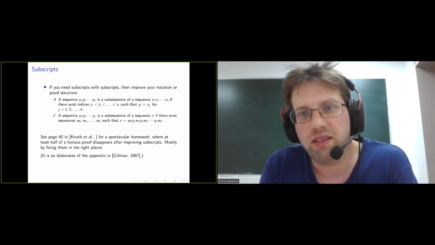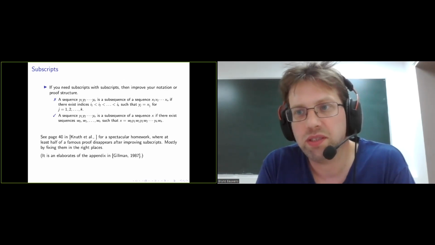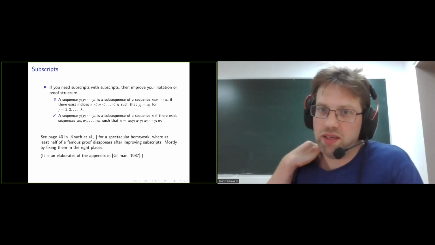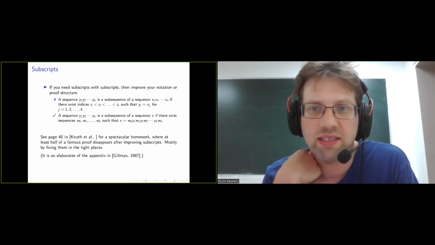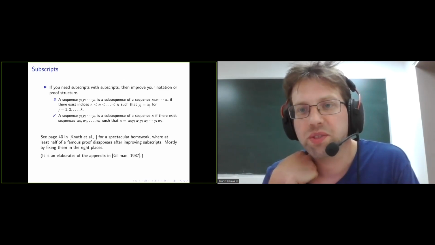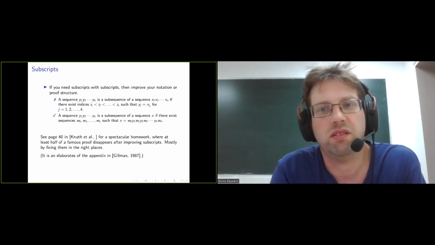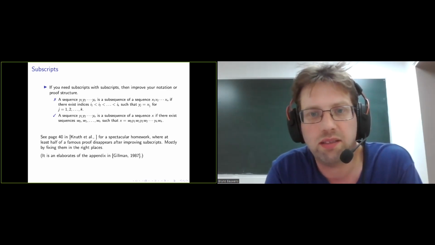Like in computer science, there is a definition of subsequence, and many books do it with a double subscript. You can see it, y_j is equal to x with subscript i_j. This is very cumbersome to parse, very ugly to write.